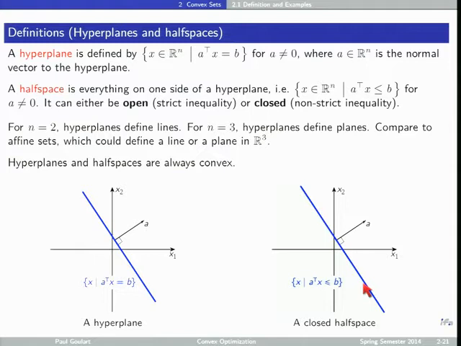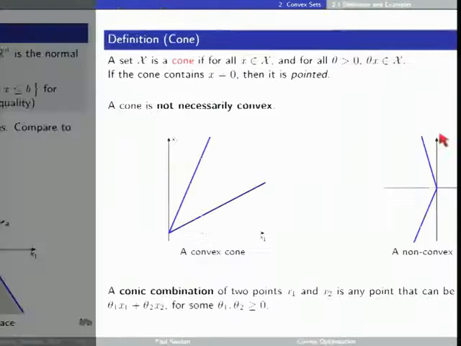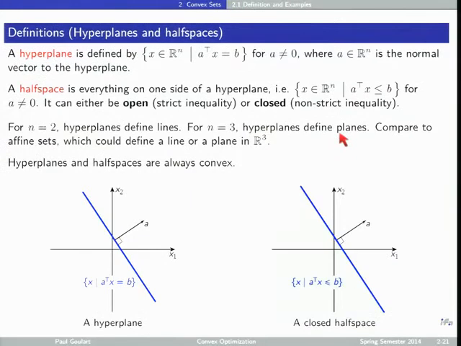The point is that hyperplanes and half spaces are always convex sets. The difference between a hyperplane and an affine set from the previous slide is that a hyperplane in 2 dimensions defines a line, in 3 dimensions it defines a plane, so it always defines a surface of dimension 1 lower than the space that you're in.